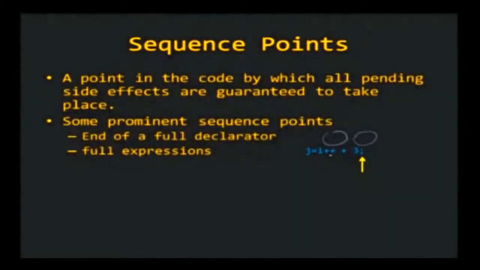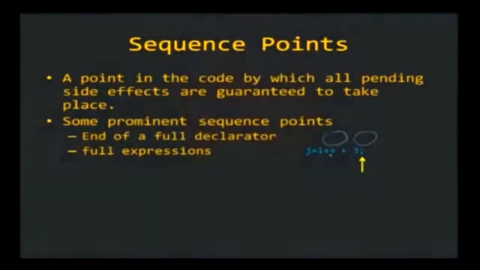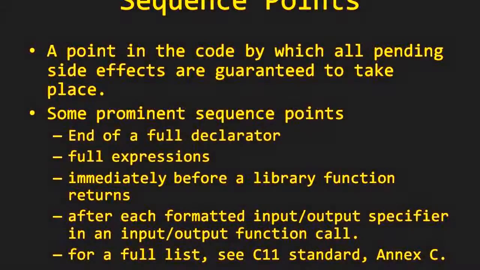This is slightly confusing and contrary to the popular understanding of when I plus plus should happen. It just says that by the next sequence point in the code all pending side effects should have taken place.